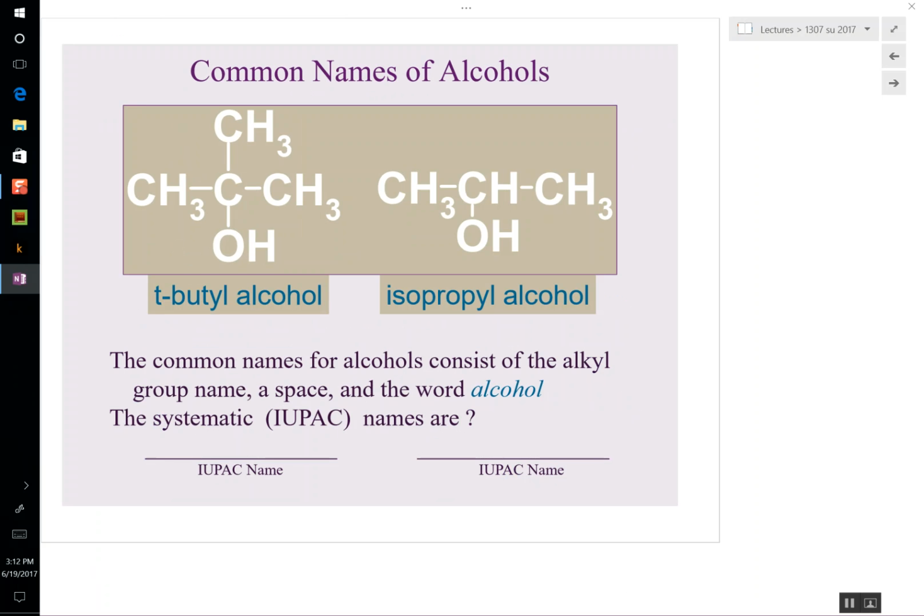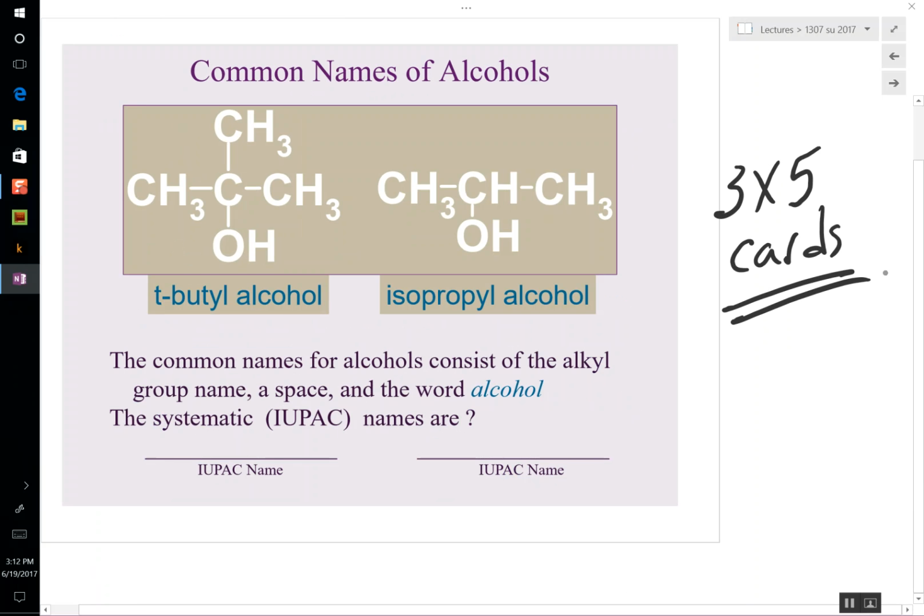Okay, here's some 3x5 cards. These are critical, common named molecules here. Tertiary butyl alcohol. Tertiary butyl. If I just covered up that OH group, that's a tertiary butyl substituent. Well, now we got an OH on it.